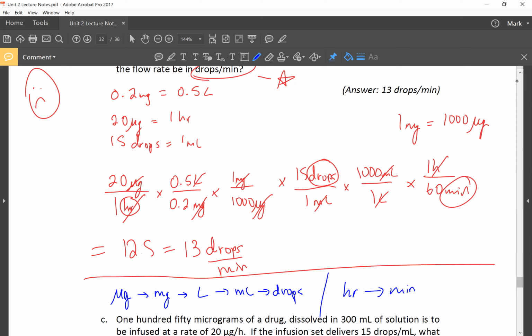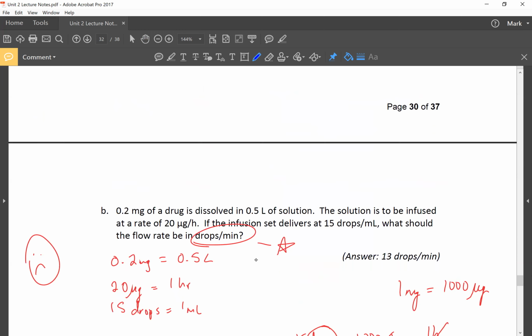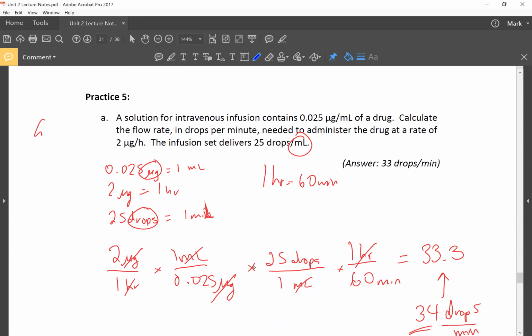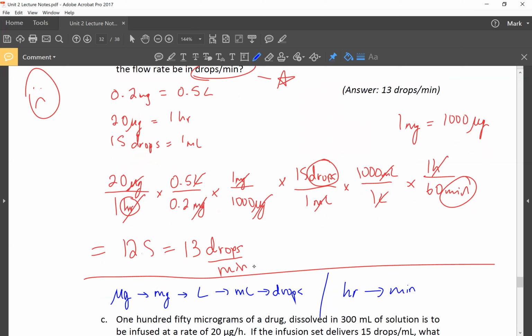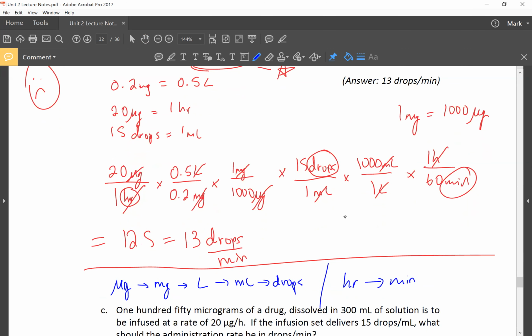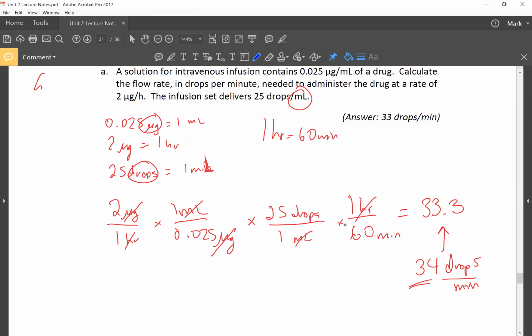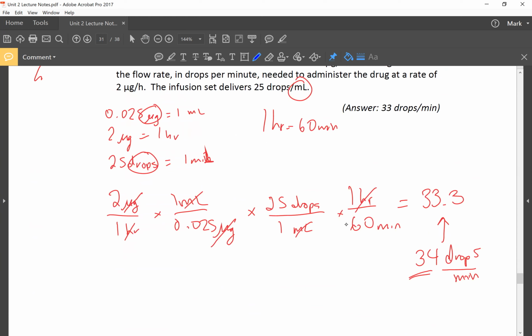So that's why it looked like so many steps. This would be a good one for an assignment, but for a test, I'd probably make it look a little bit more like question A. Because question B, well, there's nothing wrong with question B. It's just a lot of work, a lot of conversions. So in this top one up here, I went from micrograms to milliliters to drops.